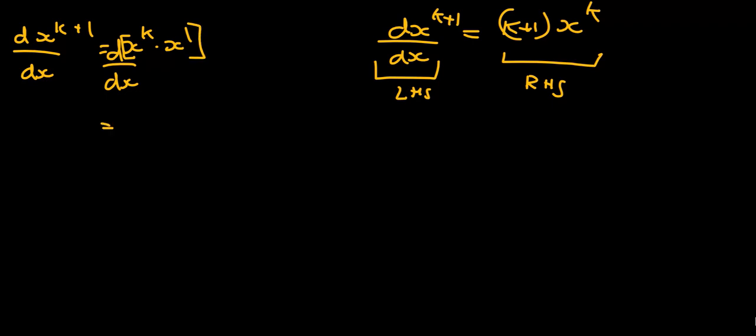So this is a product. So we leave the first and we differentiate the second, which is dx of x. Then we leave the second, rather, and differentiate the first, which is just x to the k.